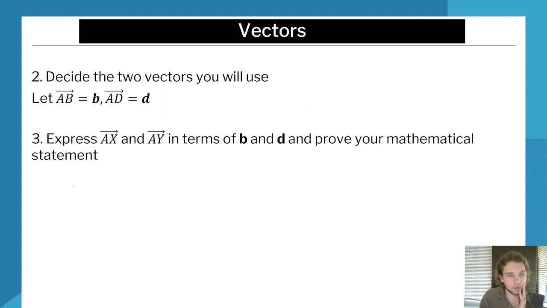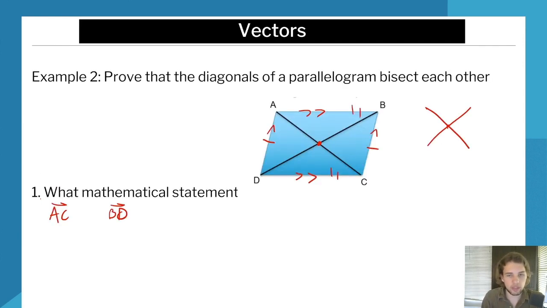So we're going to quickly draw our shape again, trying to prove that in the middle they're halfway. We're going to pick an origin for a question like this.